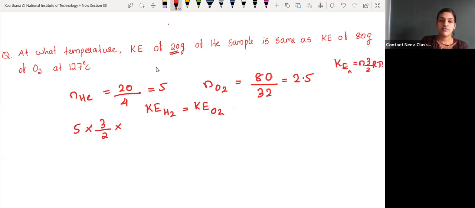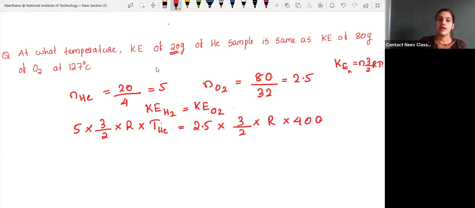Here n is 5, so 5 into 3/2 into T of He is equal to 2.5 into 3/2 into 400, and you don't need to substitute the value of R since R and R will cancel out. Actually, you don't need to write these things.